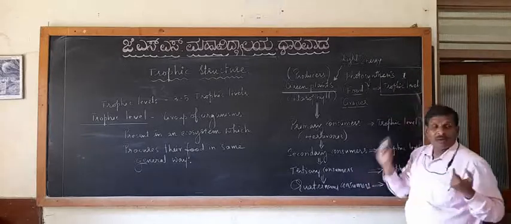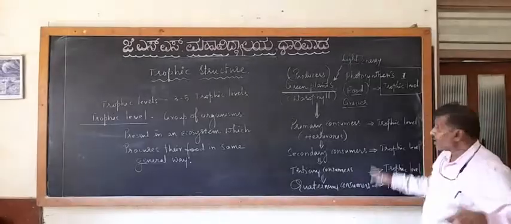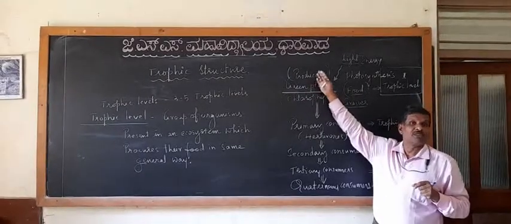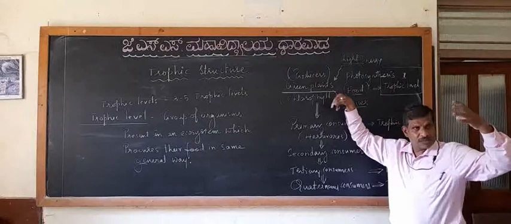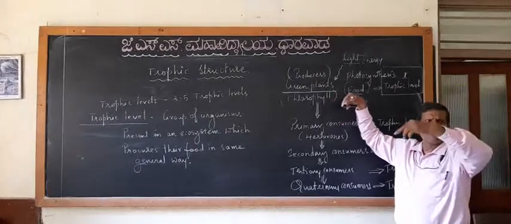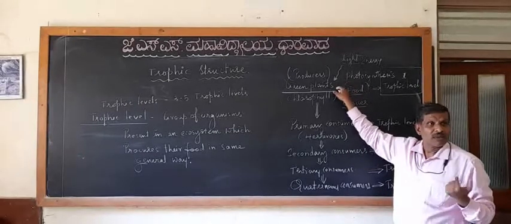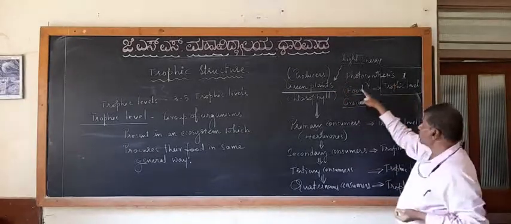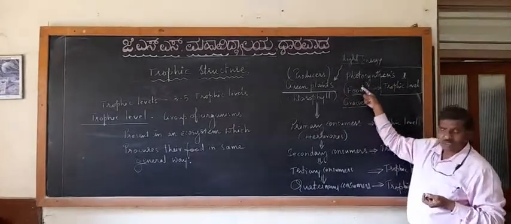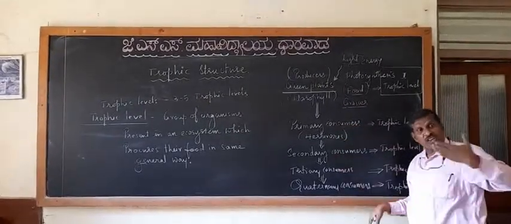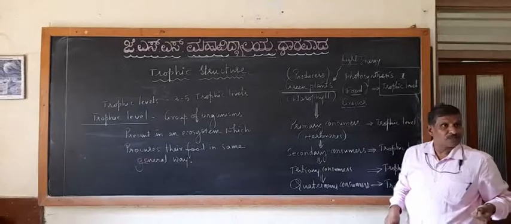Always remember, first trophic level organisms are green plants, which we consider as producers, because for the first time in the ecosystem, they get their food by way of photosynthesis. Then the food produced by the green plants is transferred to the next level of organisms.